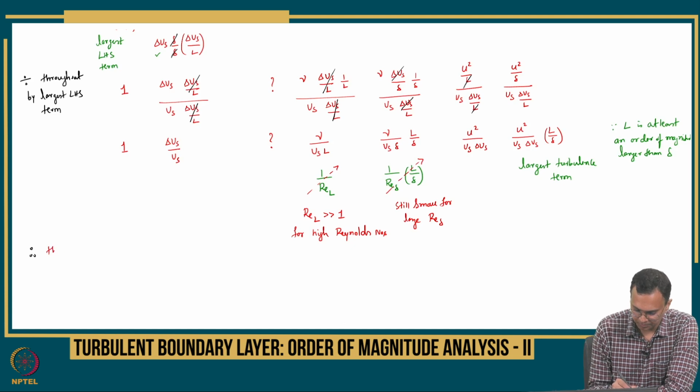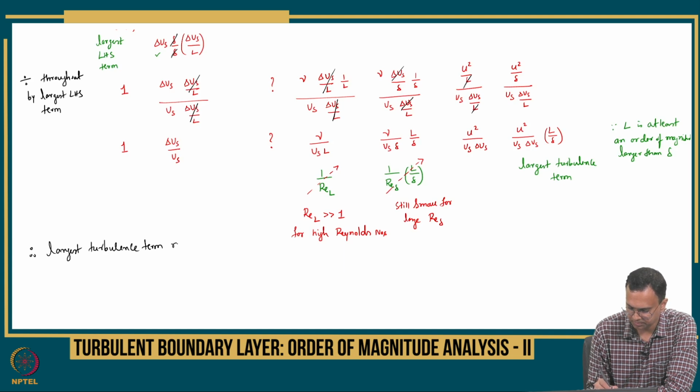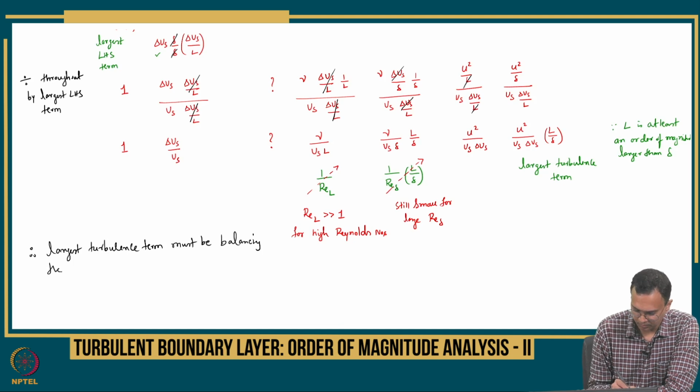Therefore the largest turbulence term must be balancing the LHS, or the largest LHS term.